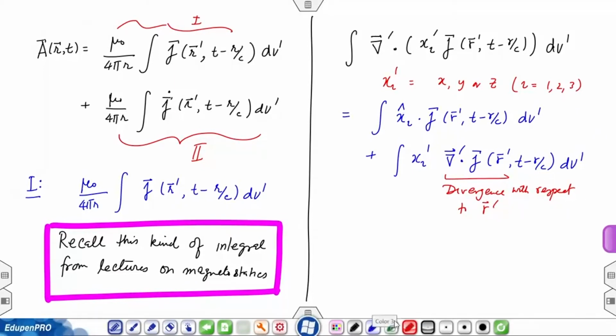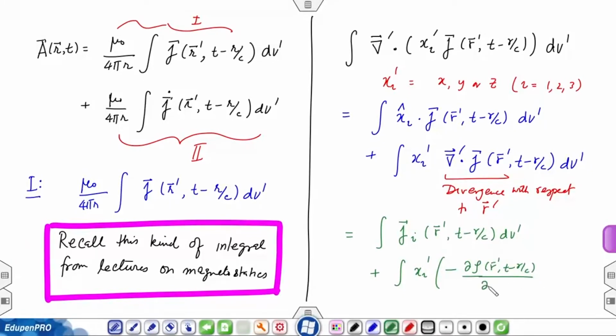So, you get this equal to integral j ith component r prime, t minus r over c, dv prime, plus integral x I prime, and divergence of j is the time derivative of density, dv prime.